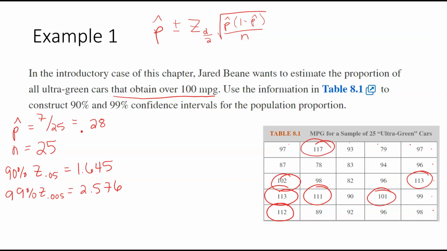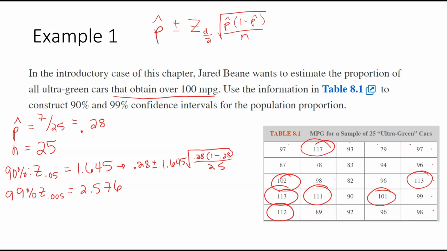If we want to calculate the 90% interval, let's do that right there. Our P hat would be 0.28 plus or minus 1.645 times the square root of 0.28 times 1 minus 0.28 all over n, which is 25.